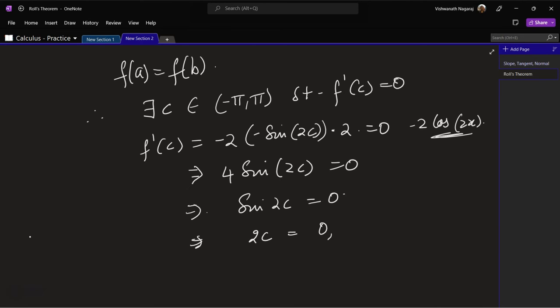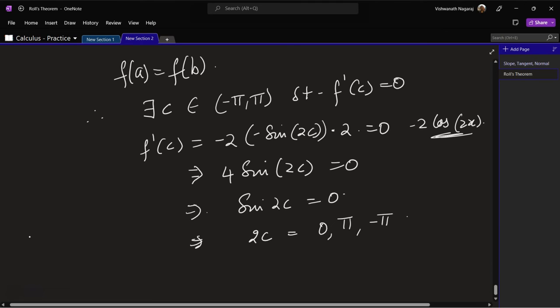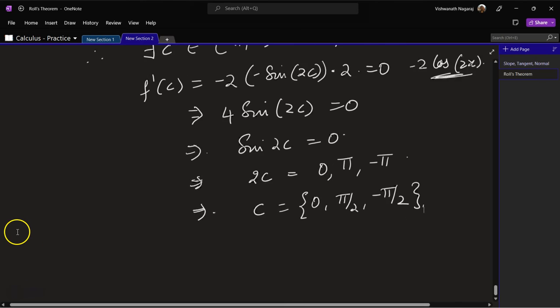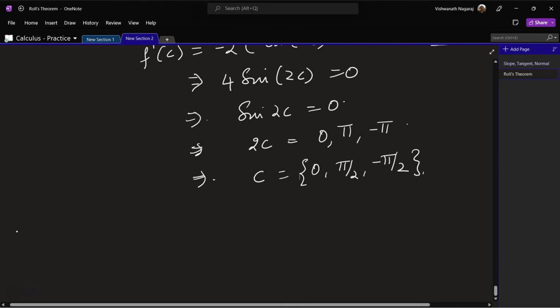It is 0 when it is 0, it is 0 when it is pi, and it is 0 when it is minus pi. So which implies c is equal to 0, pi by 2 and minus pi by 2. So these are the values for which the tangents will be horizontal or the slope will be 0.